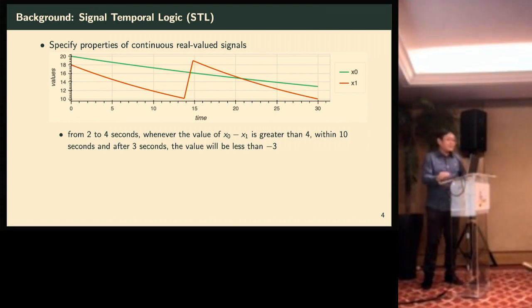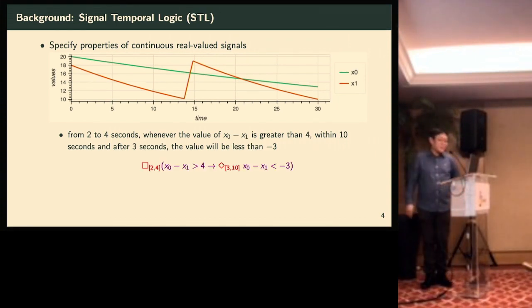Although in natural language it's slightly confusing, if we write it in temporal logic, it's quite similar to the one for LTL I just mentioned, but you may notice that there is a time bound annotating the temporal operator. For example, for this square operator, this means that from 2 to 4 time units, the formula inside the parentheses must hold, and this diamond says that from time 3 to 10, at some point, this proposition holds.